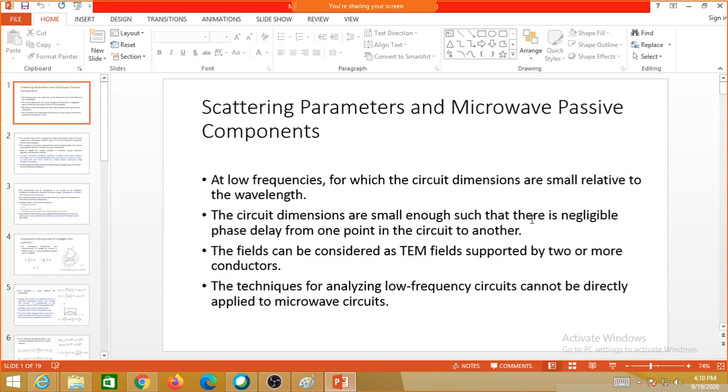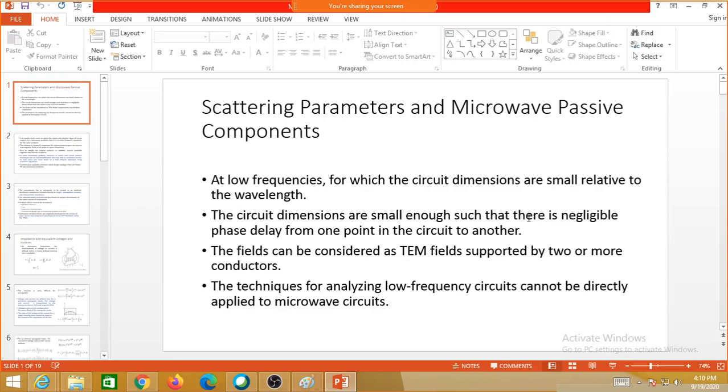Because the wavelength is much higher than the circuit dimension, this delay is approximately taken as 0, so we neglect it at lower frequencies when operating circuits or devices.